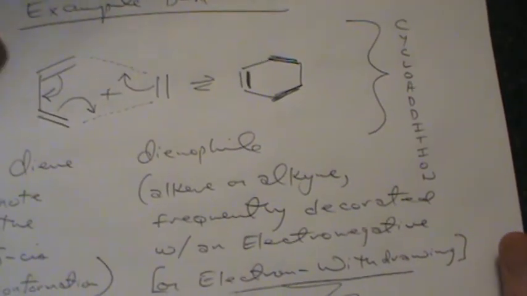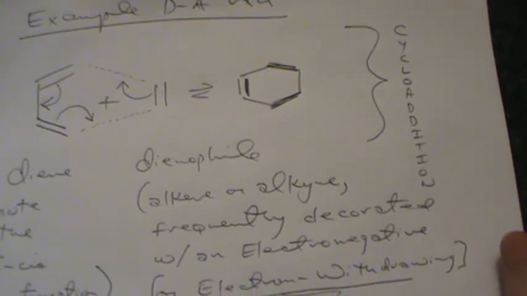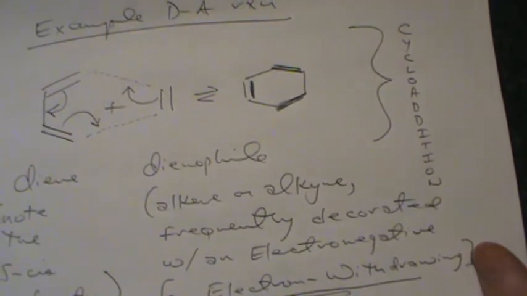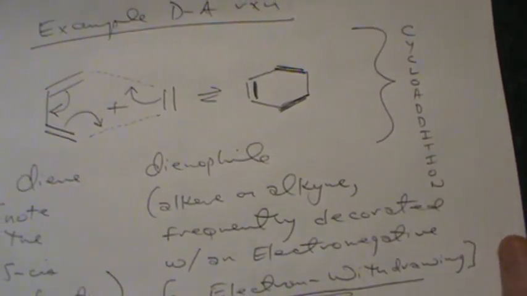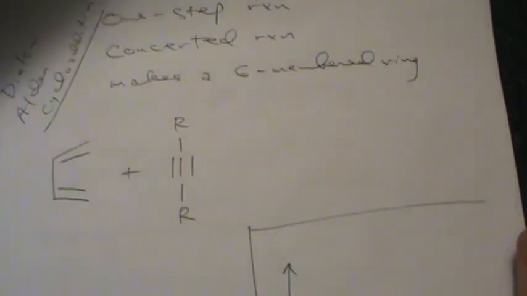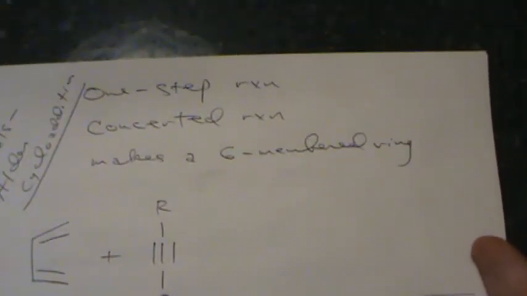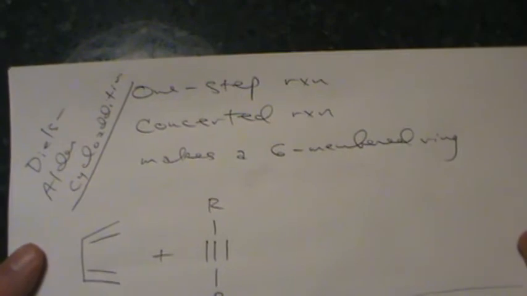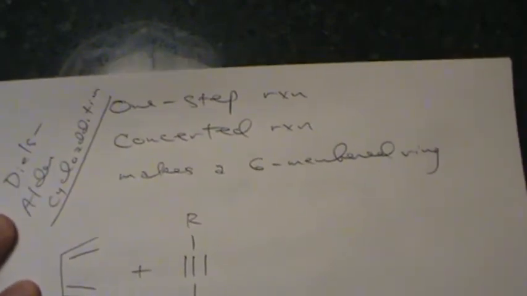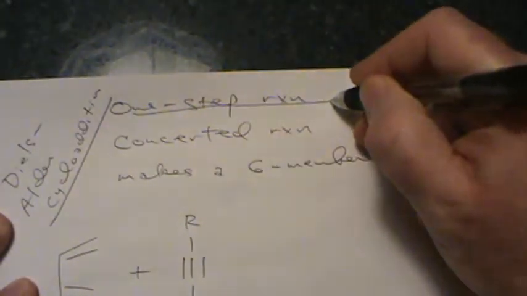You'll find them all over biologically significant molecules. If you study drug compounds for the pharmaceutical industry, you'll see them all over those. They're just a really, really important construction of carbon atoms, an architecture that shows up over and over again, plays such a significant role in our lives. So the Diels-Alder Cycloaddition, some things we need to note. It's a one-step reaction.